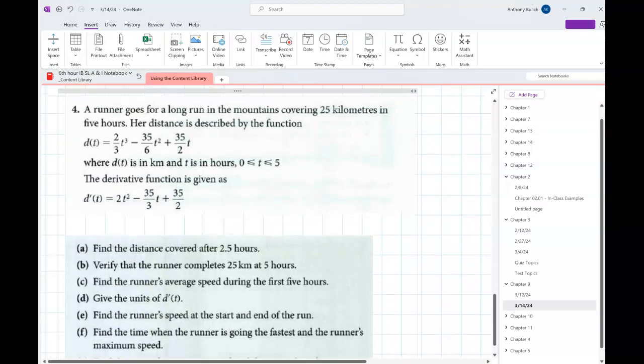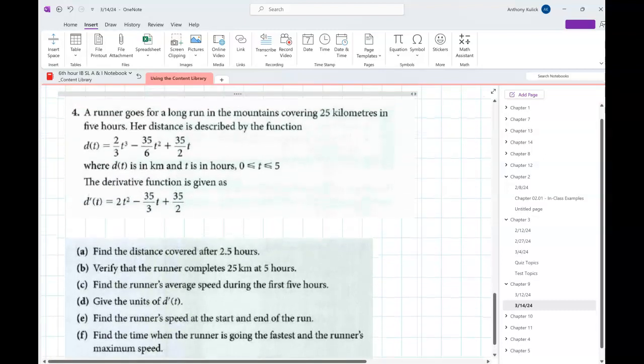All right, so this problem says a runner goes for a long run in the mountains, covering 25 kilometers in 5 hours. Her distance is described by the function d of t equals yada, yada, yada, where d of t is kilometers and t is hours, with t between 0 and 5. The derivative function is given as d prime of t equals yada, yada, yada. It says find the distance covered after 2.5 hours.